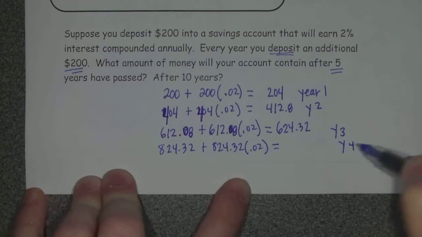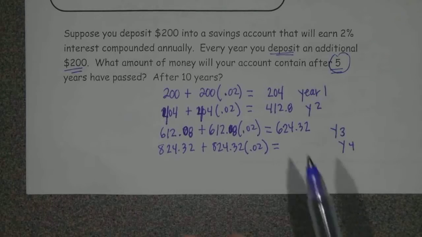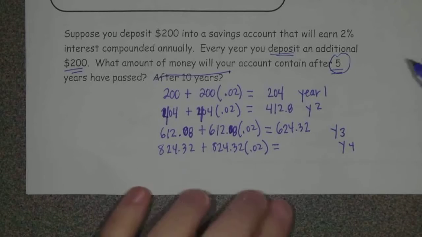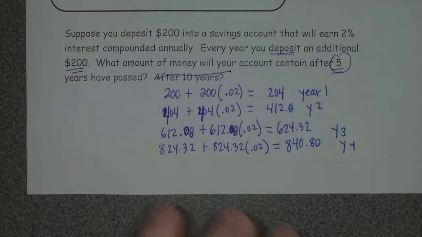That would be year 4, so we're almost done. It says after 5 years, thank heavens, right? Oh, we're not going to do after 10 years. That was too much work. What'd you get on this one? I got 840.80. Is that what you guys got?